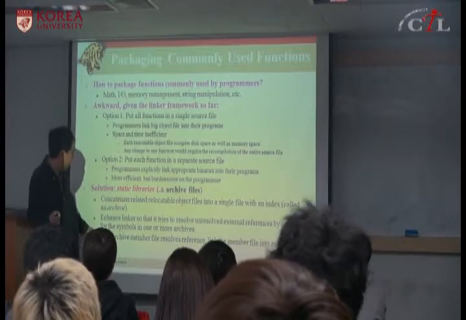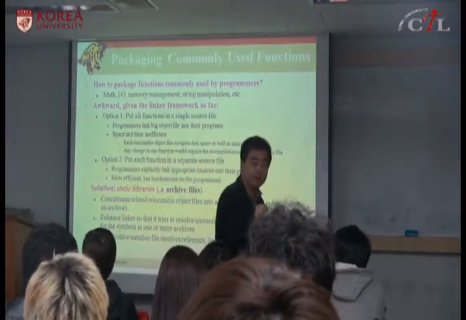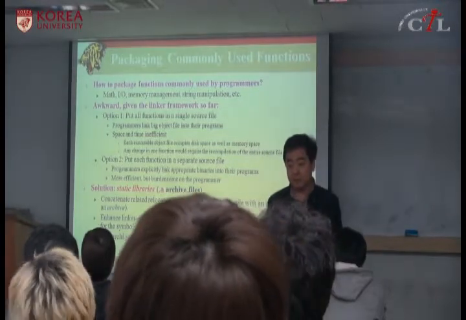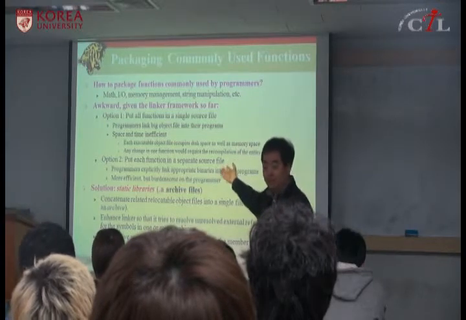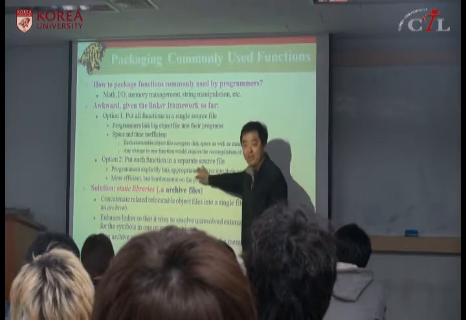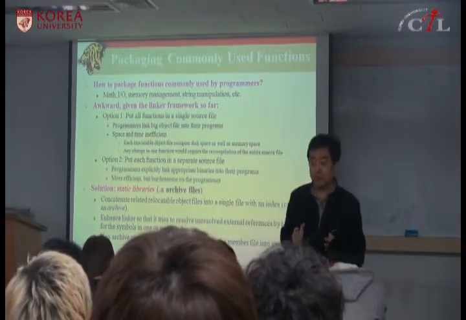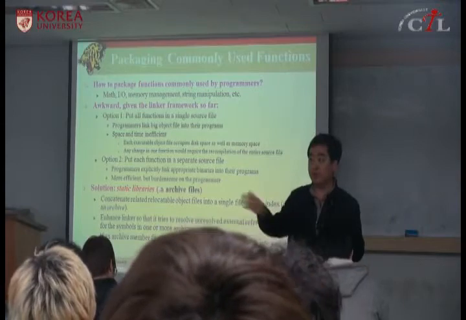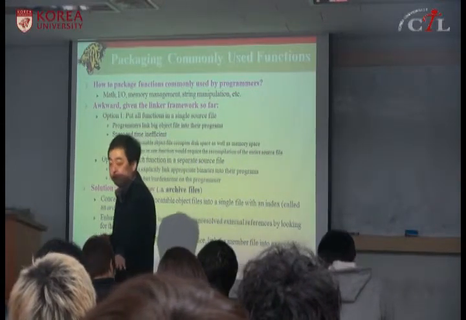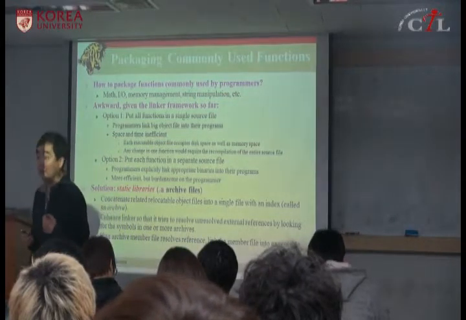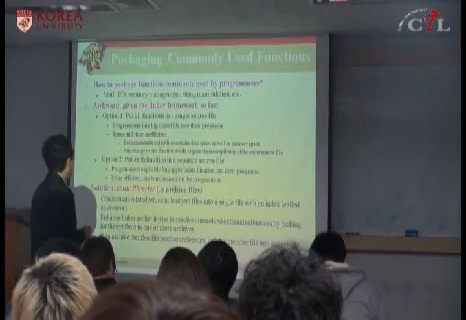And then the linker will extract only those object files that are actually referenced by your program. You don't have to remember. So you don't have to create a big file, or you don't have to know the exact file name, but you put them in a library, and the linker will do the job for you. Okay? If there are unresolved symbols, it tries to look up the library, and it will try to extract. And extraction is quite easy. Okay? That's the library.